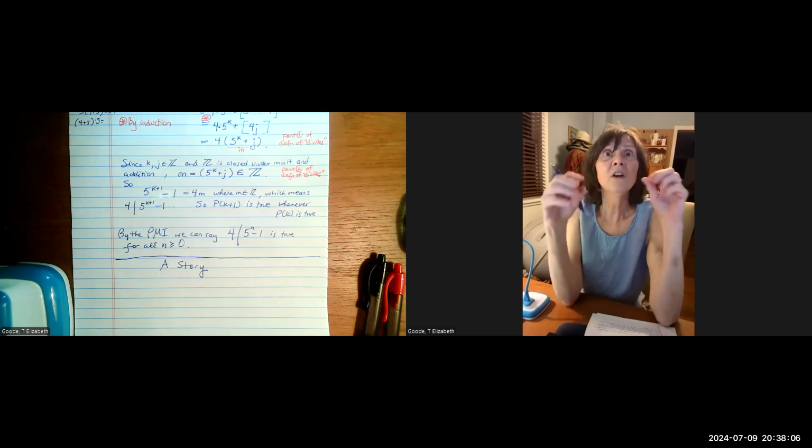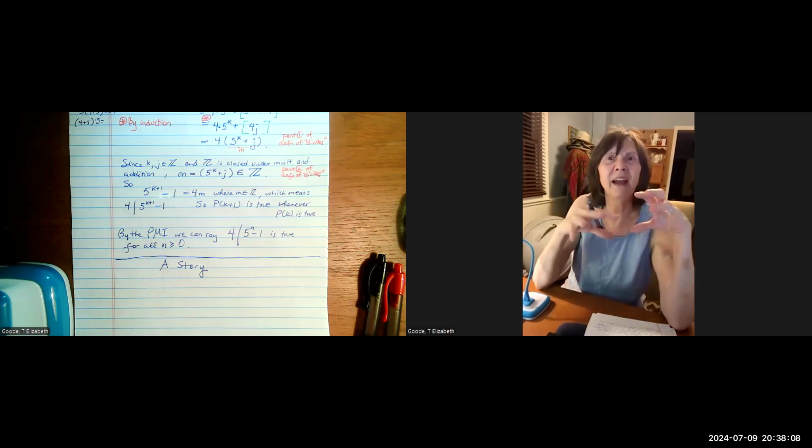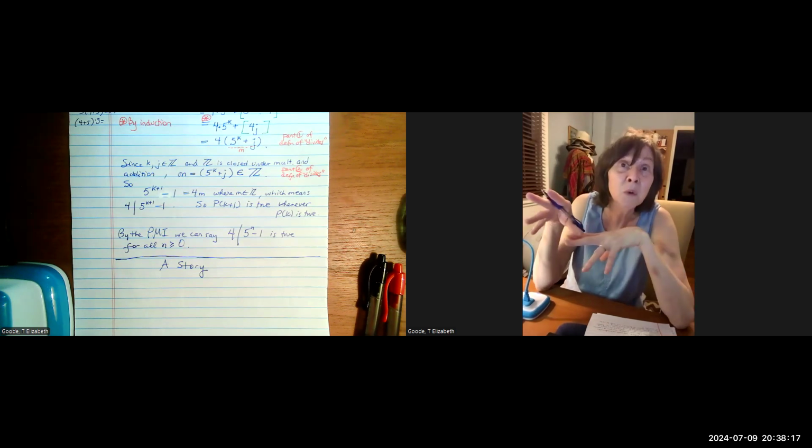If a mathematician is working on a hard problem or a big problem, the first thing that mathematician will do is look at the simplest cases and see if they can figure out anything about them, like the empty set, or n is 0, or prime is 2 or 3.